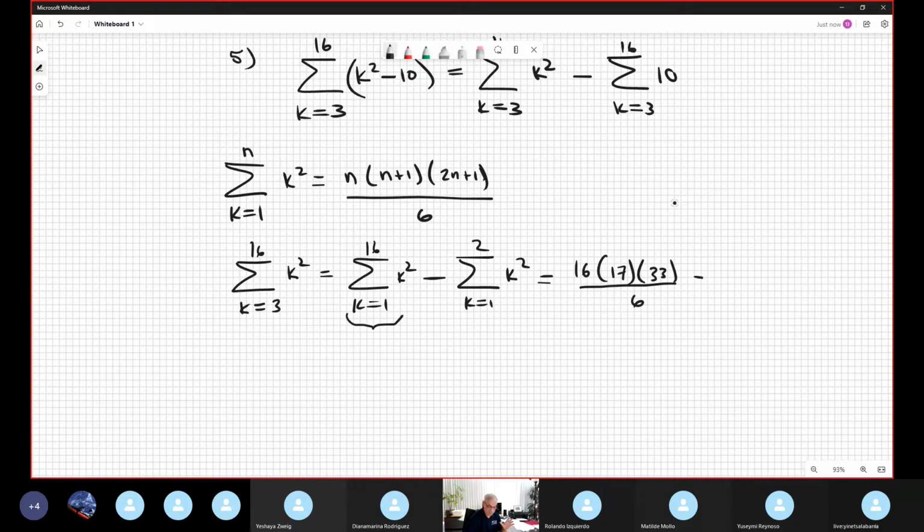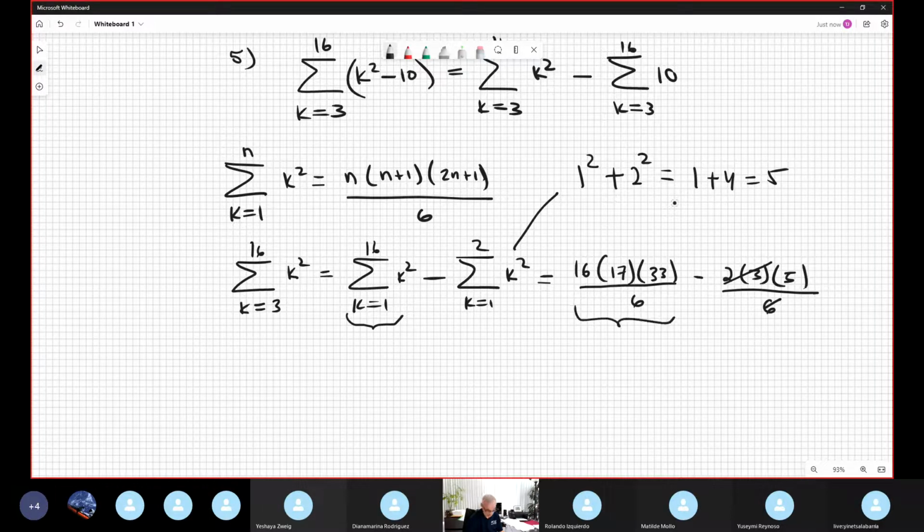Minus 2 times 3 times 5, divided by 6. Actually, look, 2 times 3 is 6, and this 6 and this 6 cancel. This is just 5. And it makes sense, because that part is 1 squared plus 2 squared: 1 squared is 1, and 2 squared is 4, so 5. And the complicated part I put in the calculator, of course.